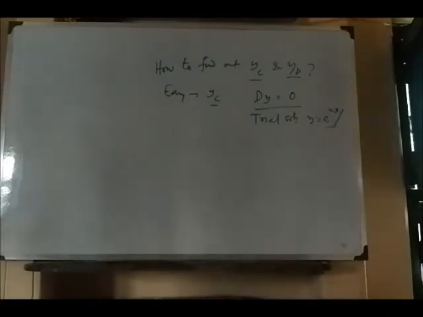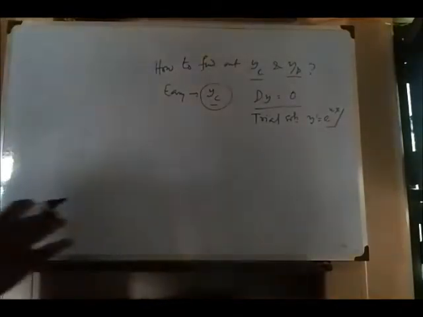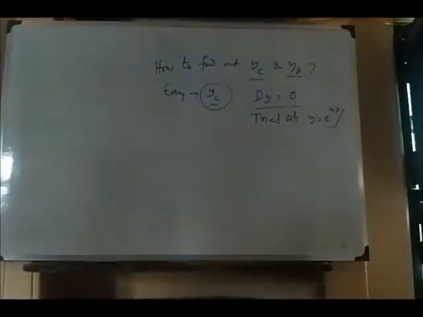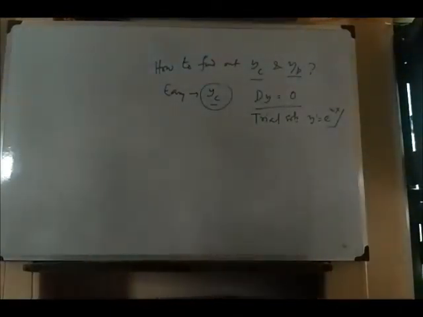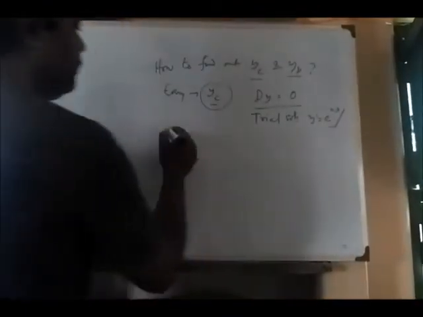By solving that equation, you get different values of m, and from different values of m you can have the value of this yc, right? So finding yc is not a problem.